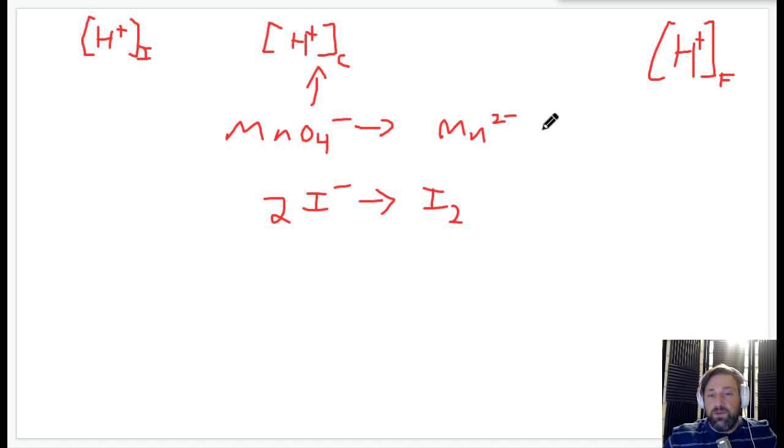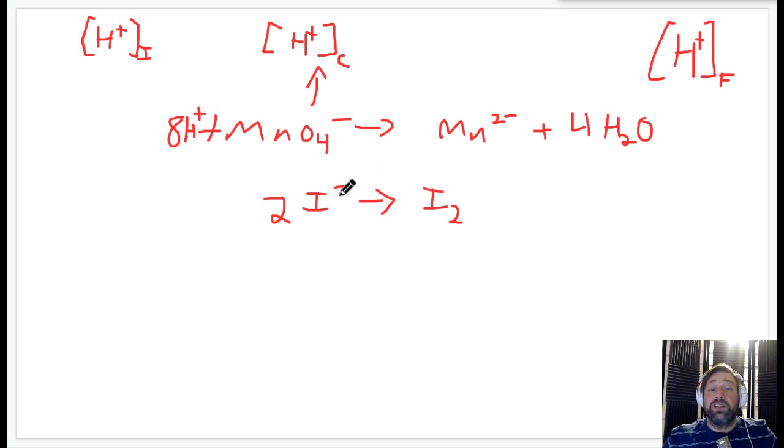We have O4 and no oxygen on this side, so it's going to be 4 H2Os on this side. Bottom one we don't have to worry about. Next step, H plus. Balance all hydrogens by adding H plus to the other side. We have 8 H pluses on this side. None down here.